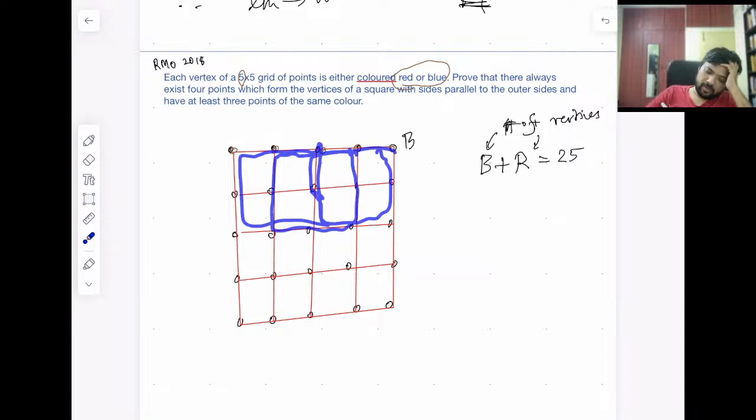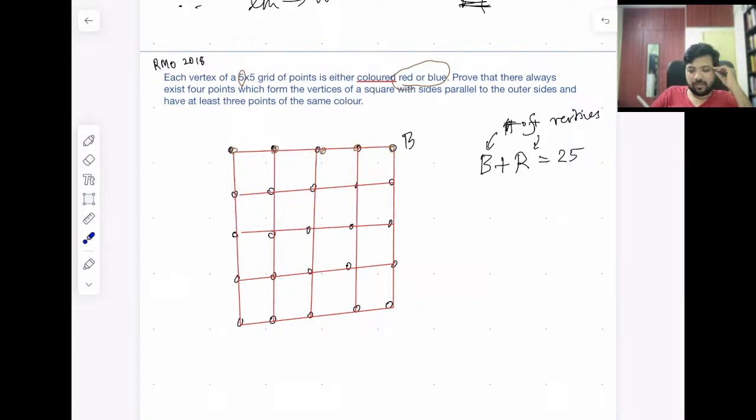It's very uneven, no? The boundary ones will be counted the least number of times. The inner ones will be counted most, it looks like. The vertices that are inside will get counted more. What is on the boundary will be counted less. So it won't give me a full B plus R.